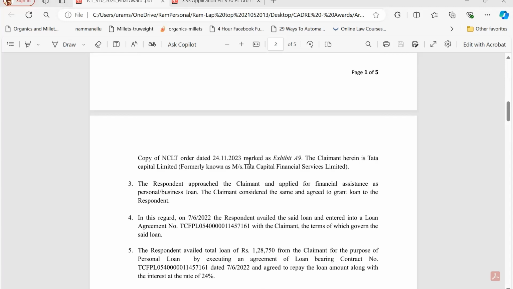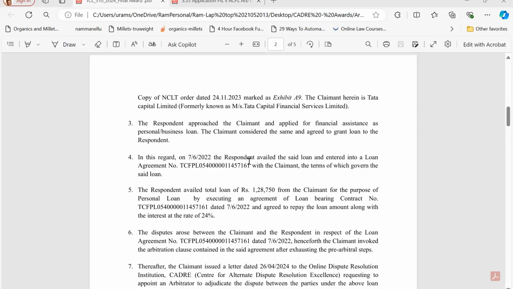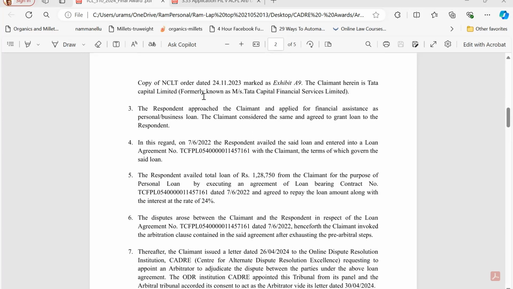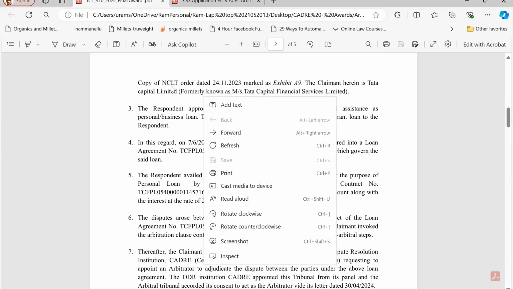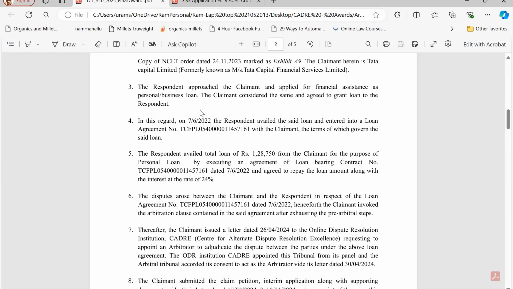Okay, so whatever documents are submitted by the parties during the arbitration proceedings will be marked as exhibits, and they have to be referred to by the tribunal in the arbitration award. Here the copy of the NCLT order is marked as an exhibit, and it has been referred to as such in the award.